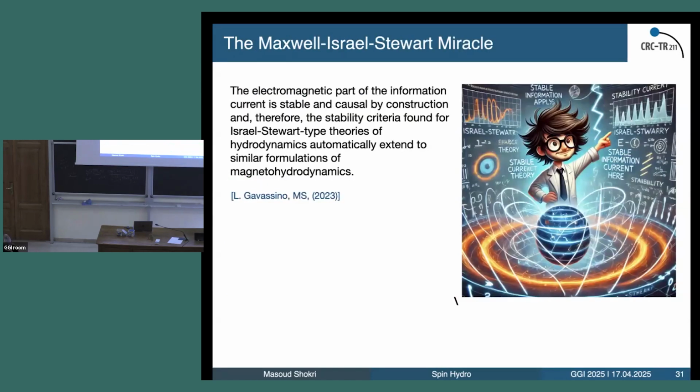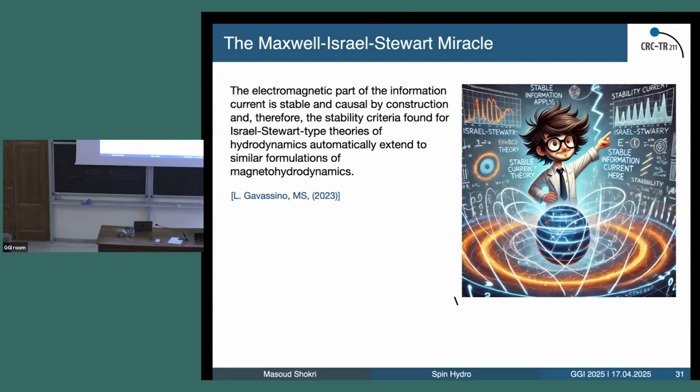Okay, so one successful example we did with Lorenzo: we applied this to what we call the Maxwell-Israel-Stewart theory. The miracle part is what he called it, so you should blame him for the miracle.